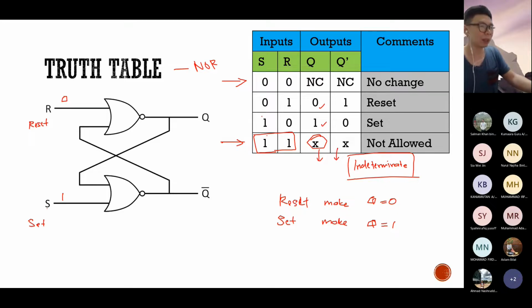The two states that we want are to either have the SR latch in a set state or a reset state. So remember, the set state is going to make the output 1, and the reset state is going to make the output 0. All right, so that is the truth table.